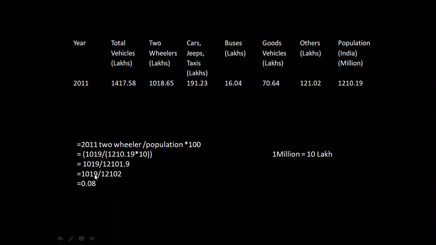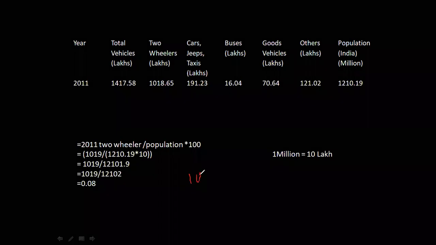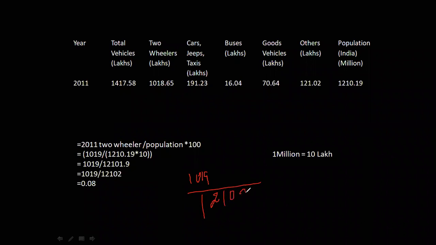So 1019 divided by 12,102. In the denominator it is 5 digits, but in the numerator it is just 4 digits.